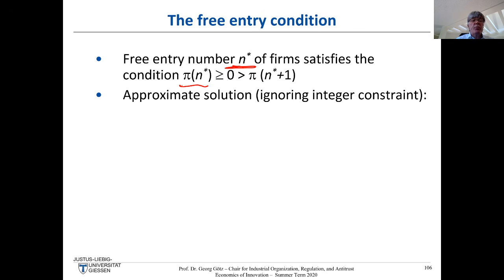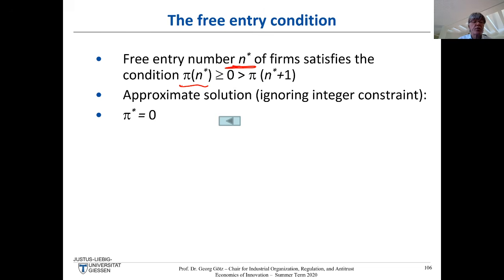Typically we assume an approximate solution ignoring the integer constraint, where we calculate n in a way that pi, the profit, is 0. Then we will get n equal to 6.2, but of course we cannot have 6.2 firms being active. Then our solution would be simply 6 firms. A 7th firm could not enter, as then the profits would be negative.